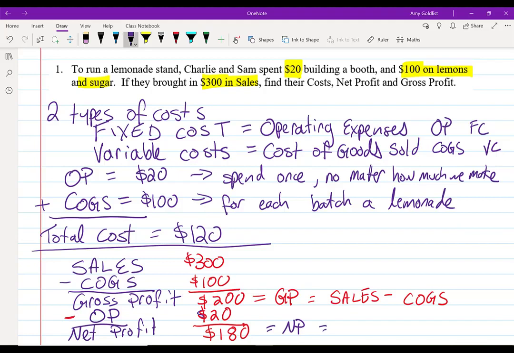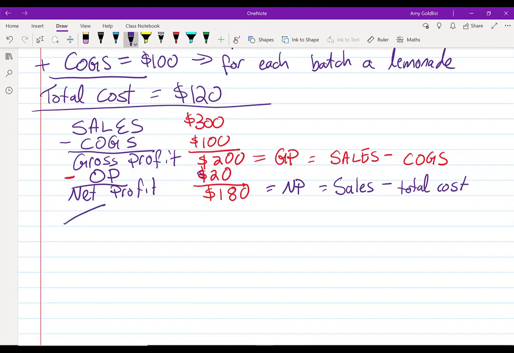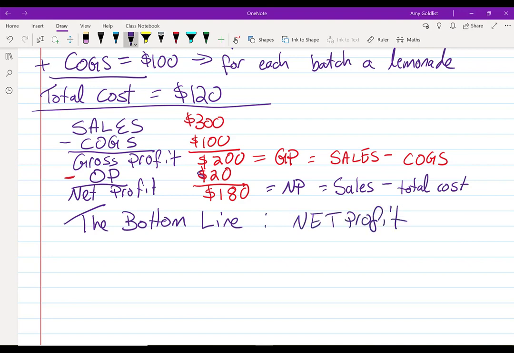Net profit is going to be all of our sales minus all of our expenses. $180 is how much money we end up with in this. This is the bottom line. Net profit. So in the end, we have $180 in profit.